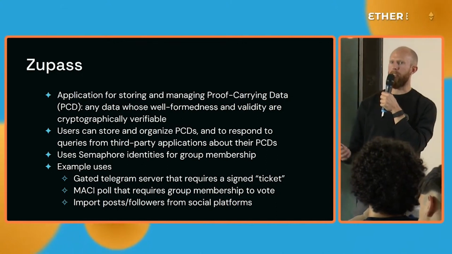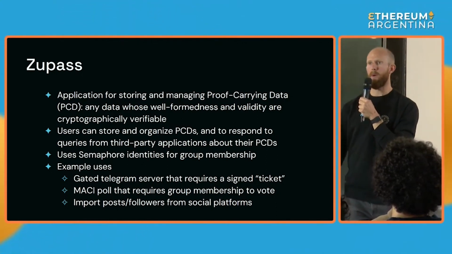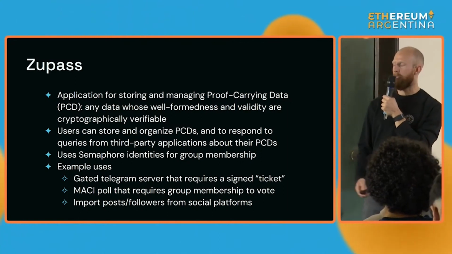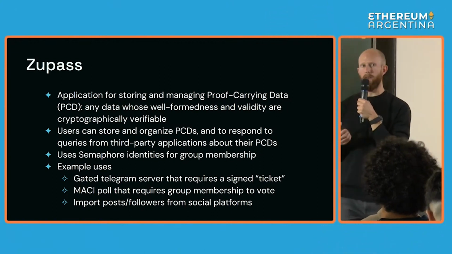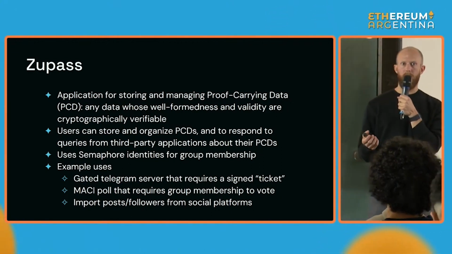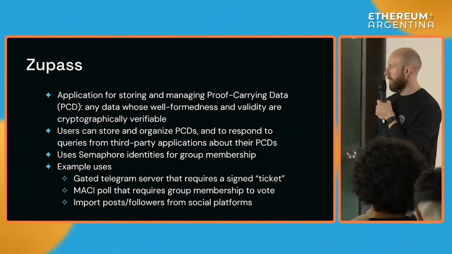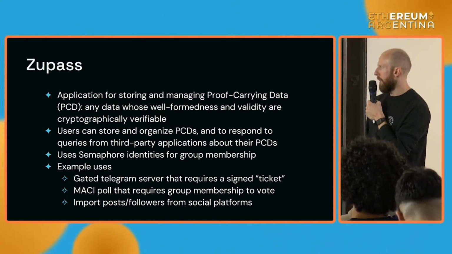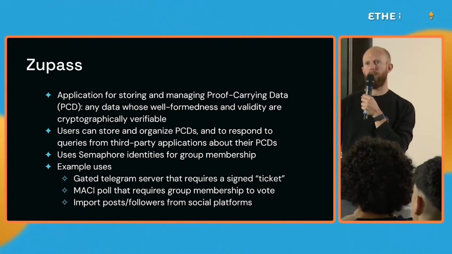A lot of similar things that I mentioned earlier, helping solve this whole data portability, data provenance area. It allows users to store information on their own devices and to cryptographically prove information about themselves in a privacy-preserving way. And it uses Semaphore identities for a lot of the group membership stuff it does.